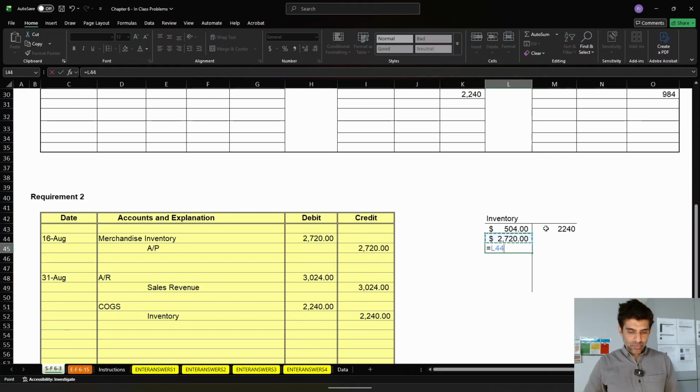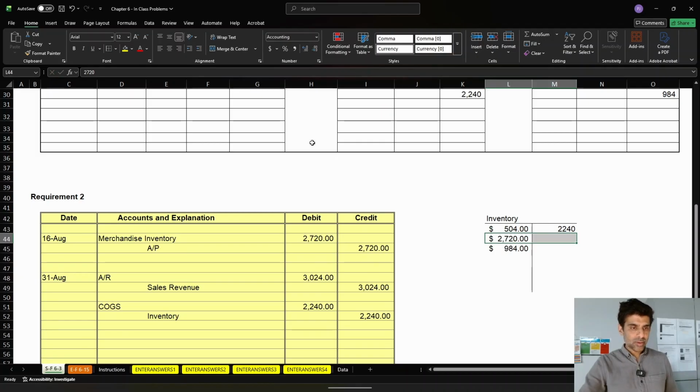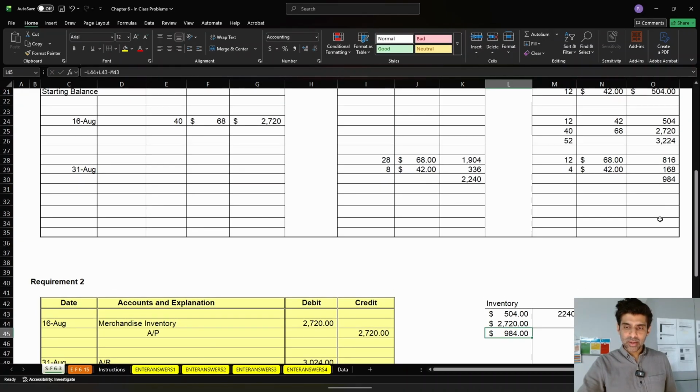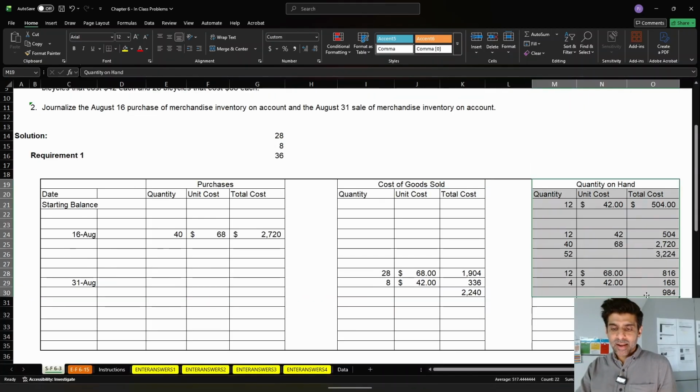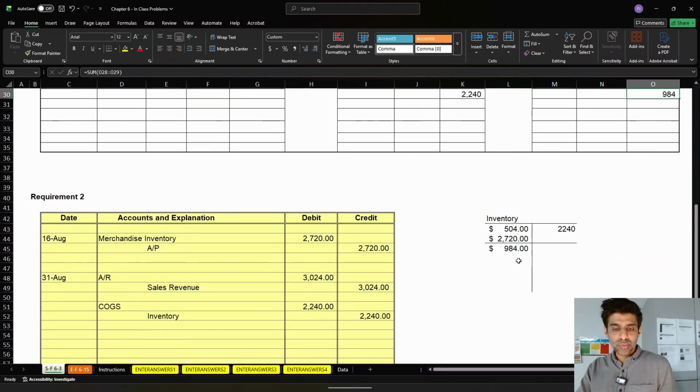Now let's find out what our balance is. We see here that our ending balance of inventory is exactly the same as what we have in our more detailed table. So that's your check to make sure you did this right. The total value of the inventory on hand should be the same as your T account if you're just tracking the totals.